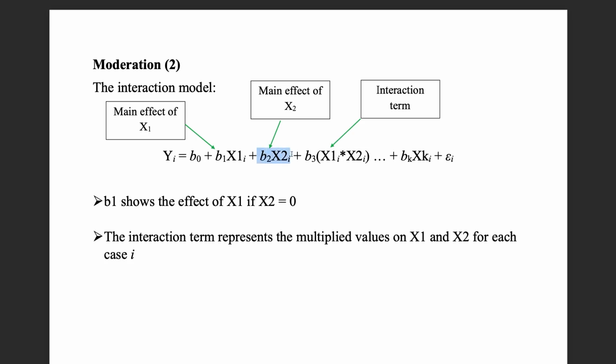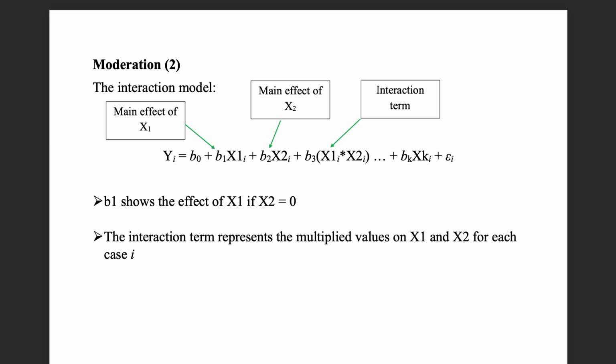So we can basically drop all of this from our regression model. In other words, what we then have is only a b1 coefficient for our independent variable x1. So the b1 coefficient tells us what the effect is of x1 if x2 is equal to 0.